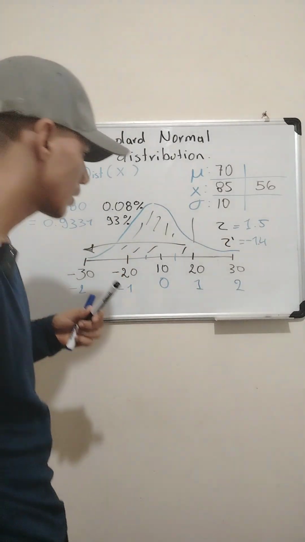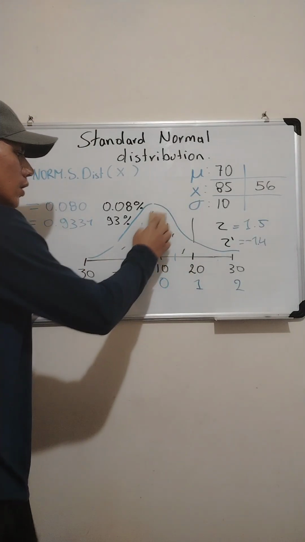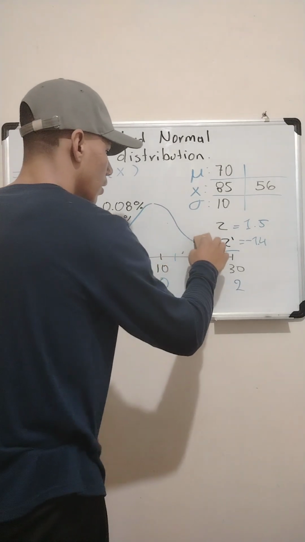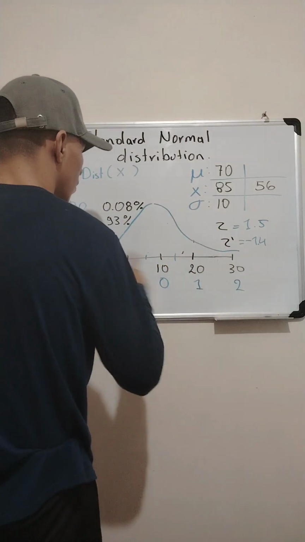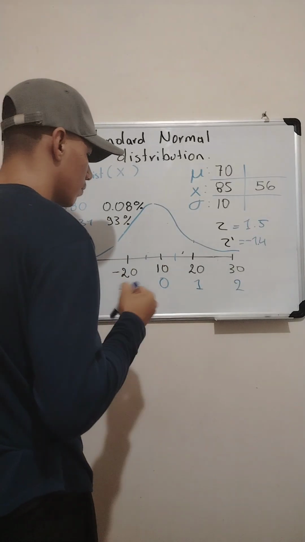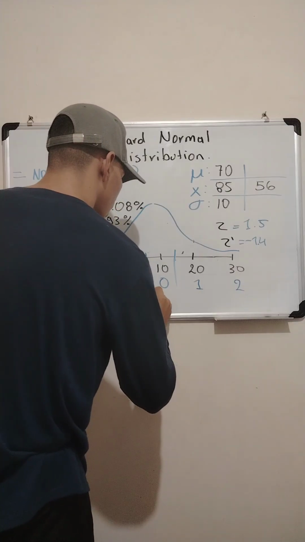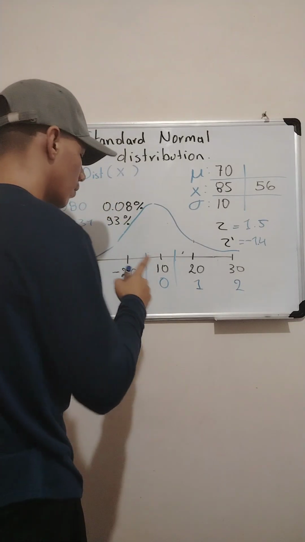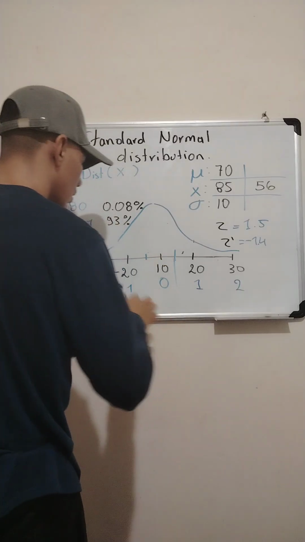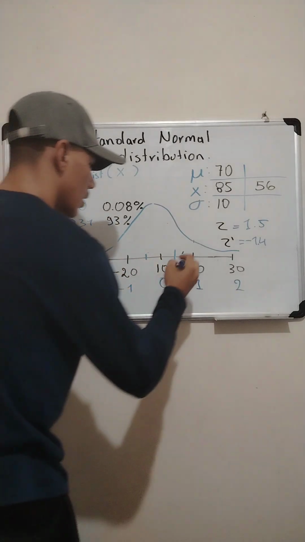So let me erase this. I will be careful not to erase the whole thing. And so now 1.14 will be here. Let's use another color for this. It will be here, minus 1.4.